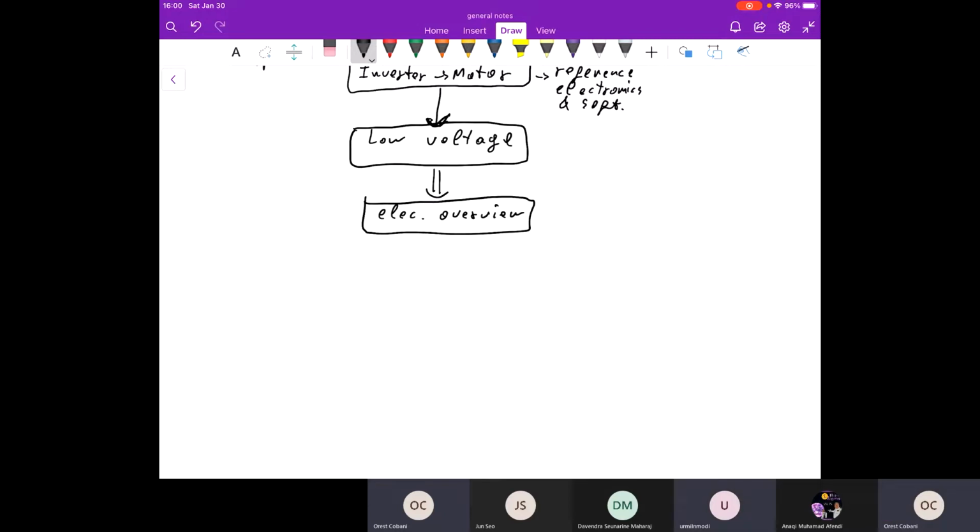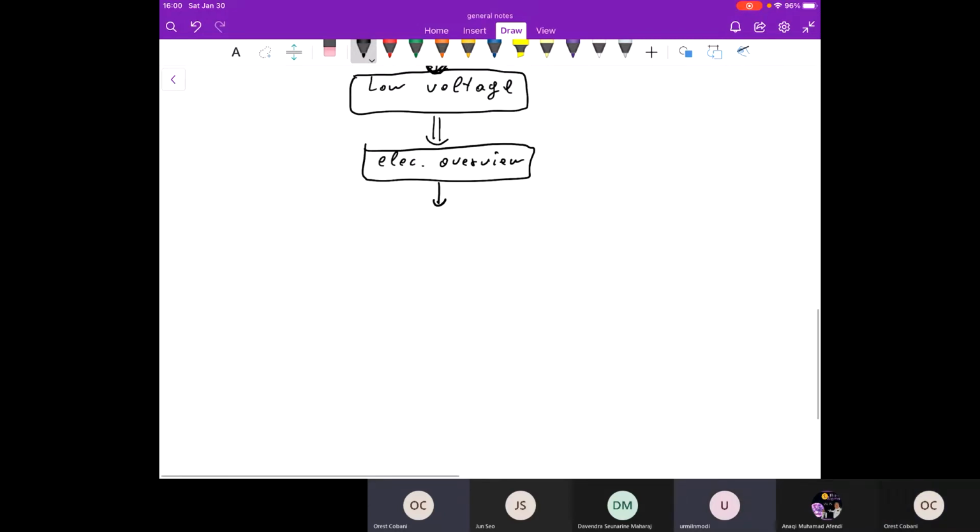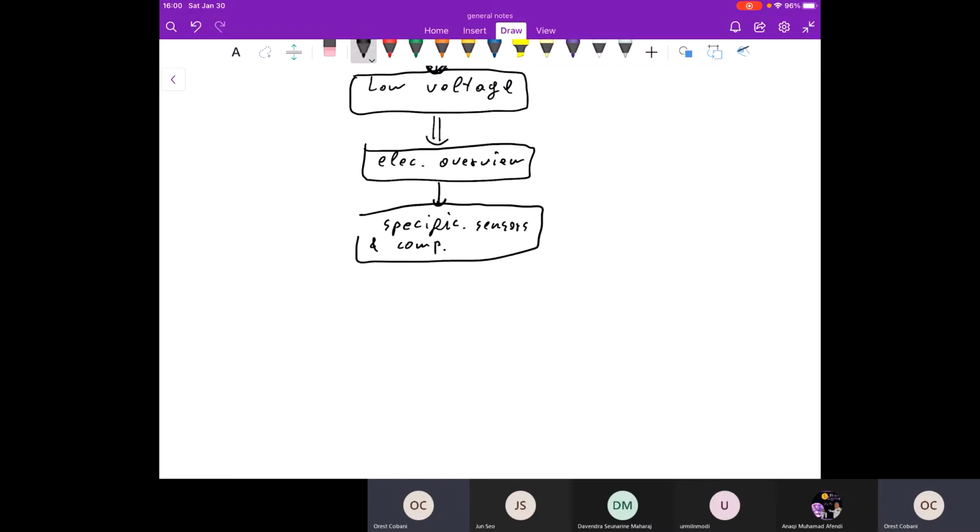Okay. Now that you do the overview, we can talk about specific sensors and components, a part of the electronic system. Okay, so these are part of electronics. Yep.